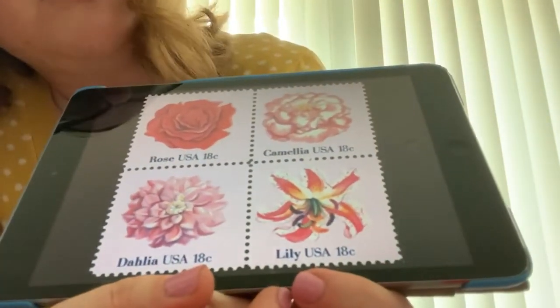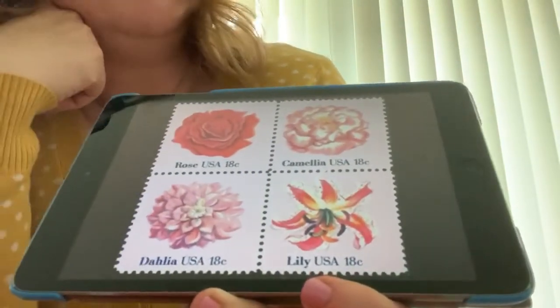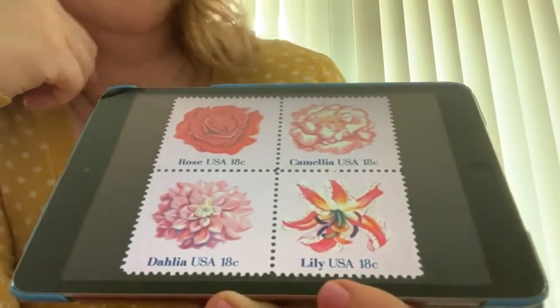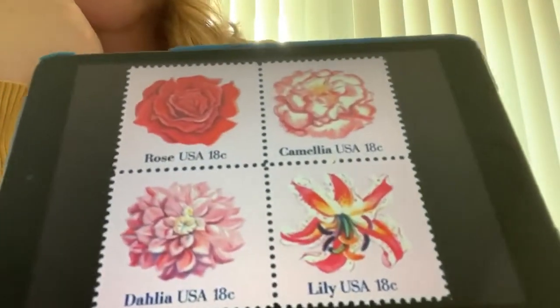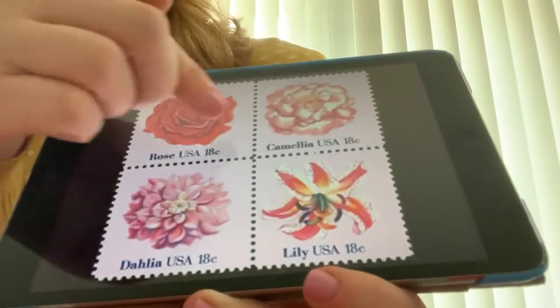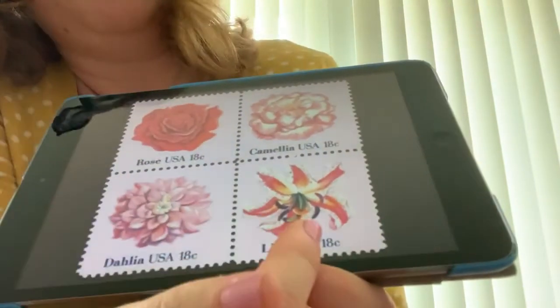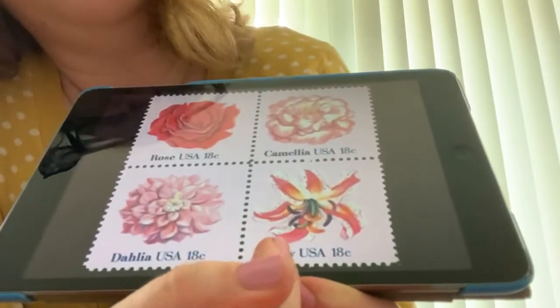And if I look closely at these three flowers, I notice that their petals kind of make the whole flower look a little round. They have a lot of petals, and then the flower has a little bit of a round shape to it. But when we compare it to this flower, and I'm reading the word down here and I see this is a lily.